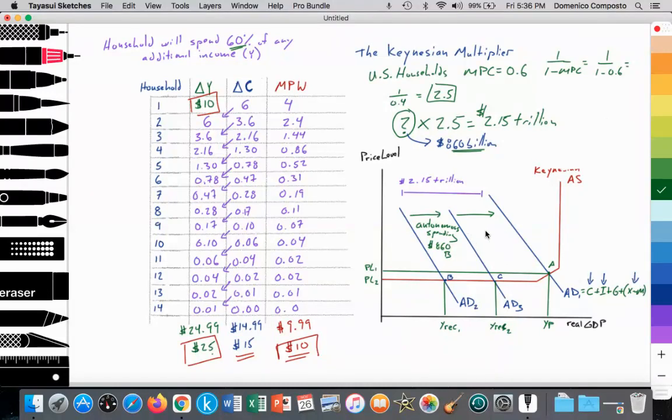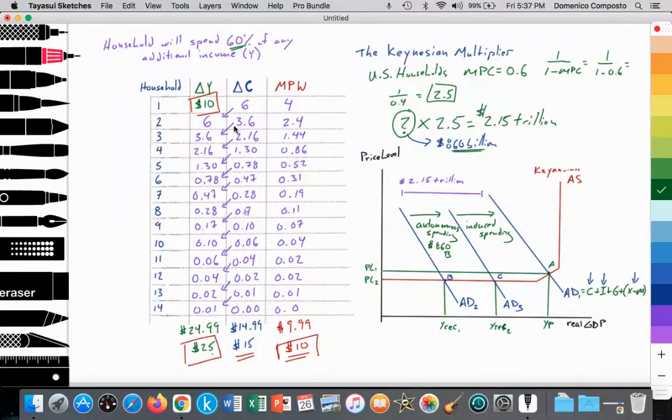And so AD3 will also shift out eventually back to AD1, which is what we call the induced spending. And that will achieve $2.15 trillion of total spending with the initial government injection of $860 billion. So the government does not have to spend or provide transfer payments in the amount of $2.15 trillion. They just have to provide an initial injection that will multiply out to close the recessionary gap.